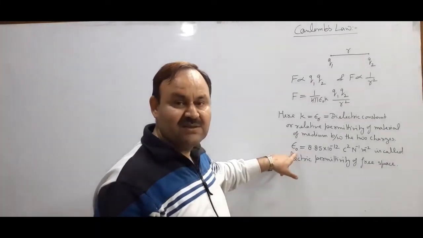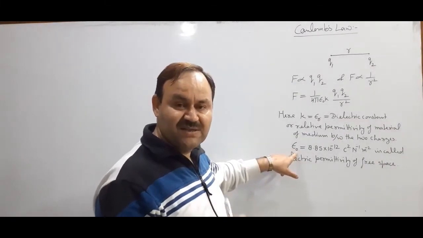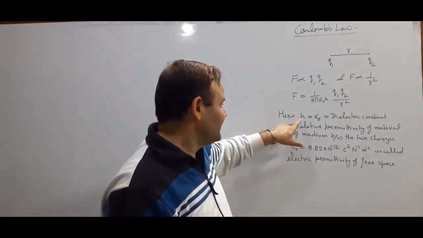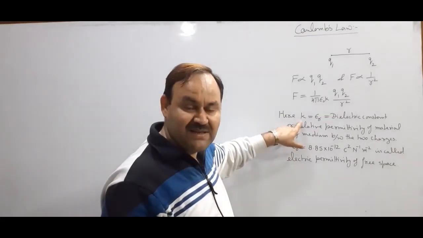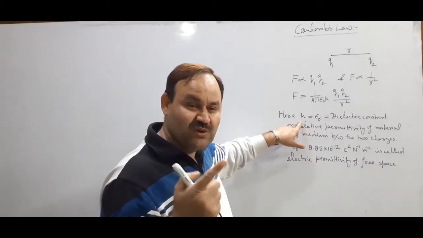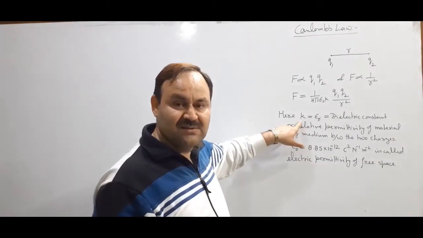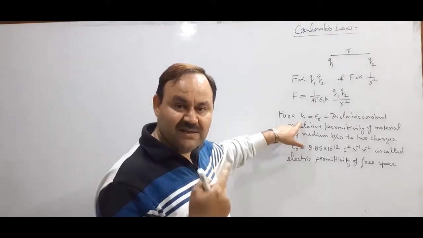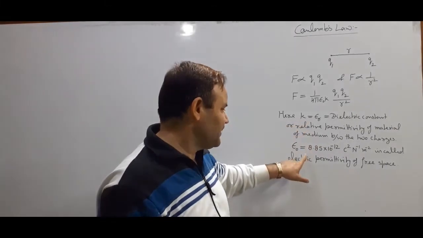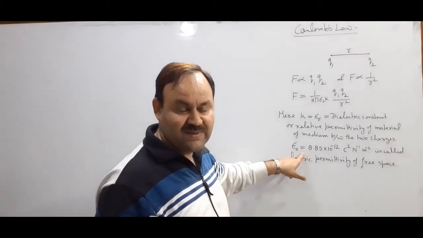free space when charge is placed in it, while dielectric constant determines how many times more a medium can be electrified by a given charge as compared to free space.